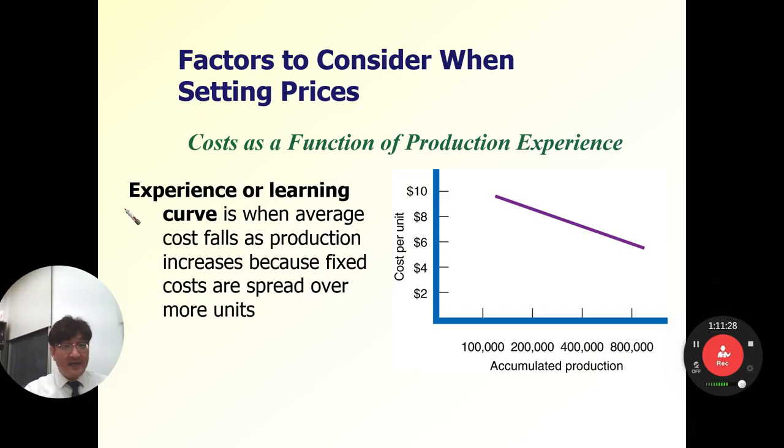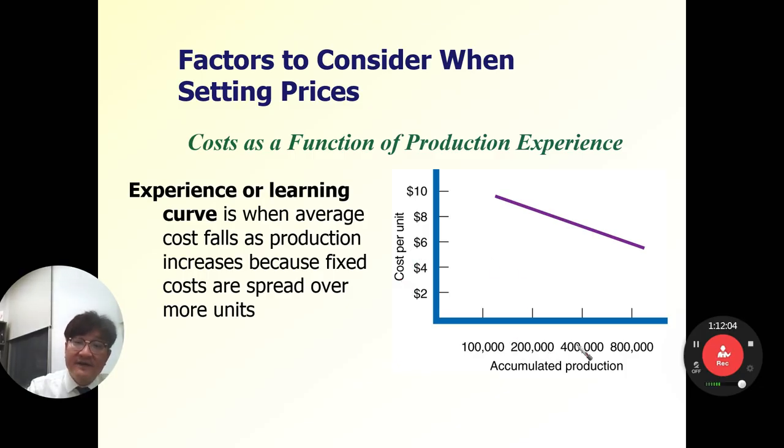That is the experience curve. If you make more and more units, your cost per unit decreases. Why? Because your variable cost per unit doesn't vary over different levels of manufacturing. However, the fixed cost per unit varies.